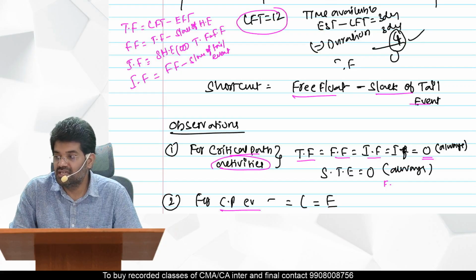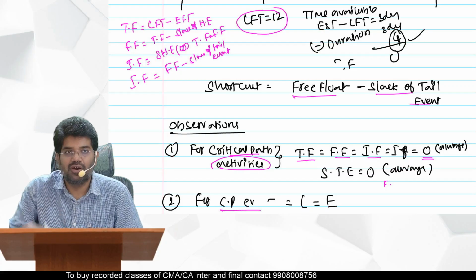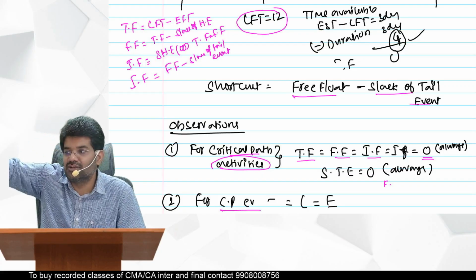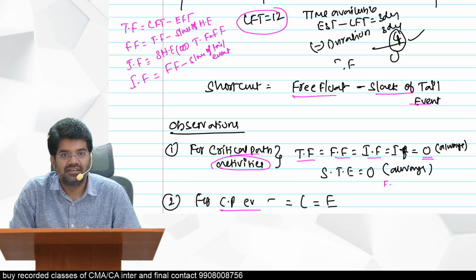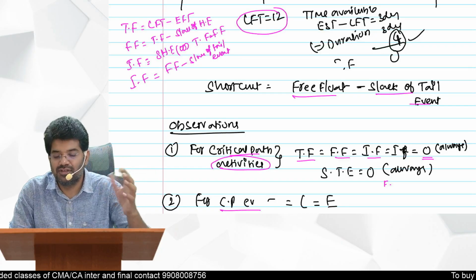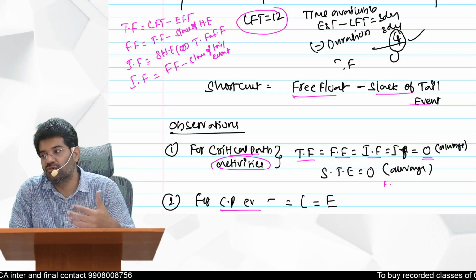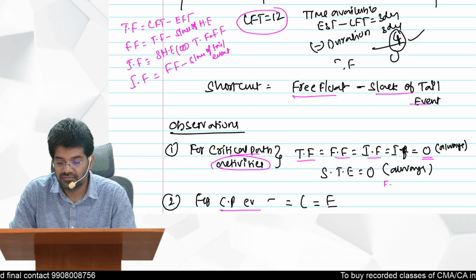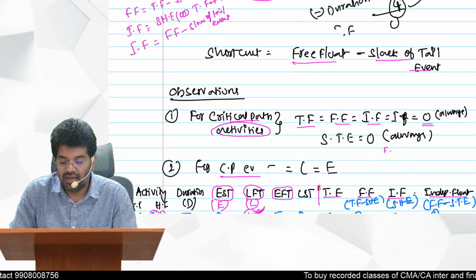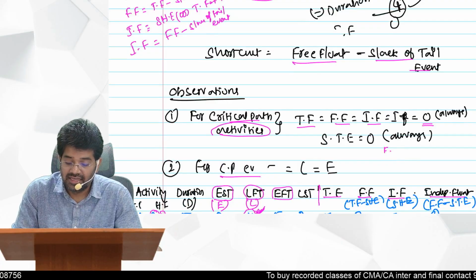So the trick you can follow in the exam is, for all critical activities you can take 0, 0, 0, 0 only. Only for non-critical activities should you calculate total float, free float, interfering float and independent float. And always for a critical path event, L is equal to E.